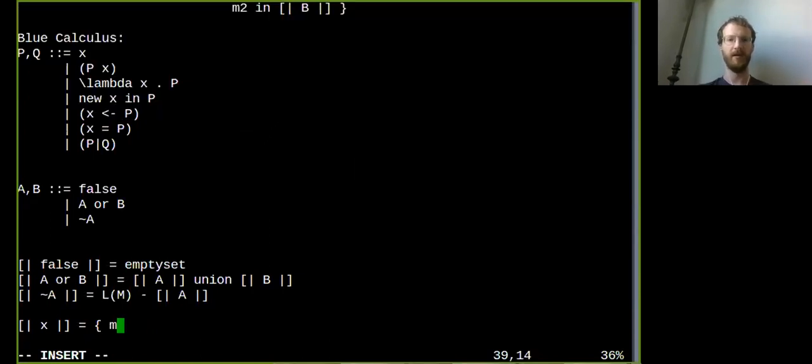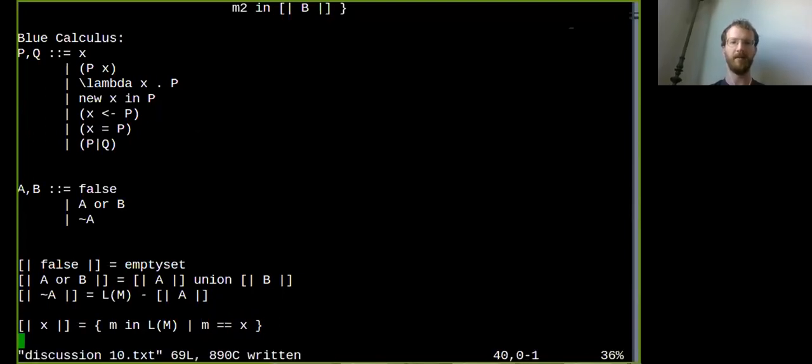So we're going to pick all the m's in our set L of m such that m is structurally equivalent to x. I'll just use double equals for that. So that's how we'll write that.